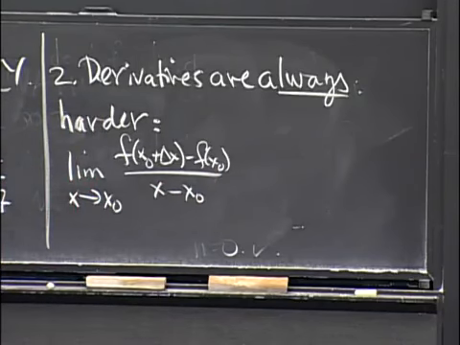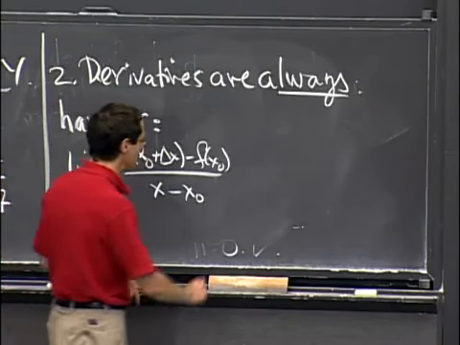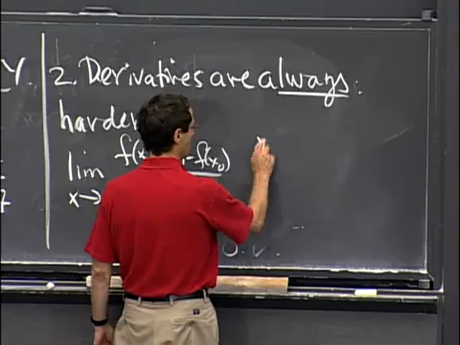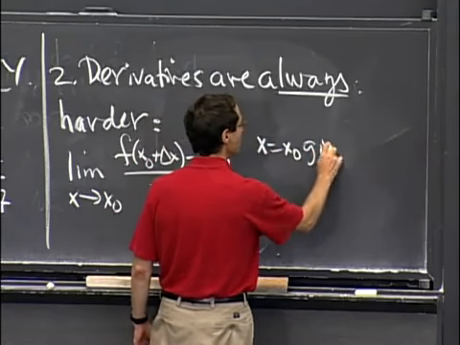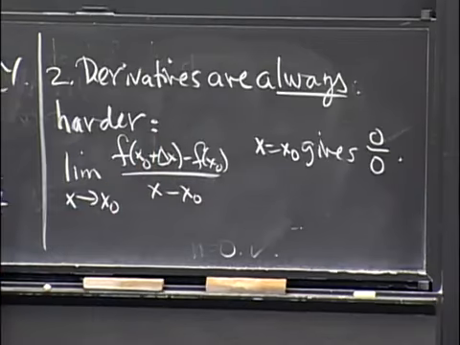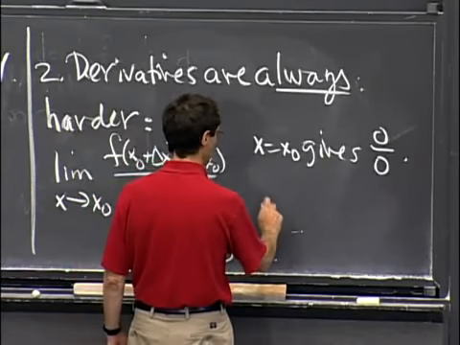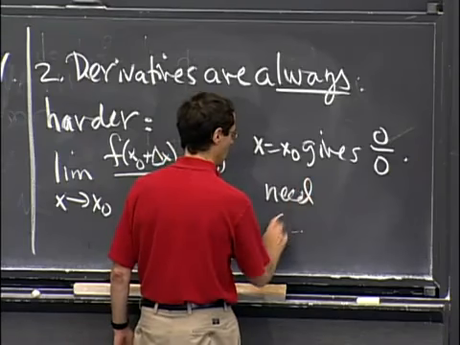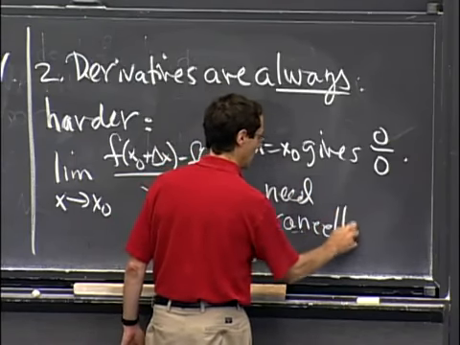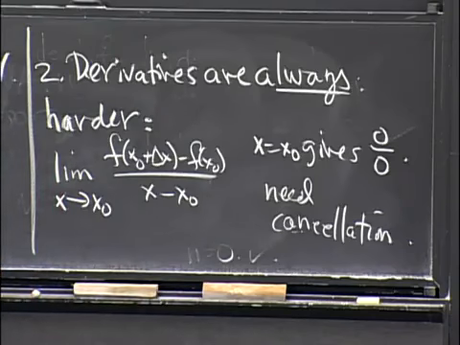Here's the formula for a derivative. Now, notice that if you plug in x equals x0, it always gives 0 over 0. So it just basically never works. So we always are going to need some cancellation to make sense out of the limit.